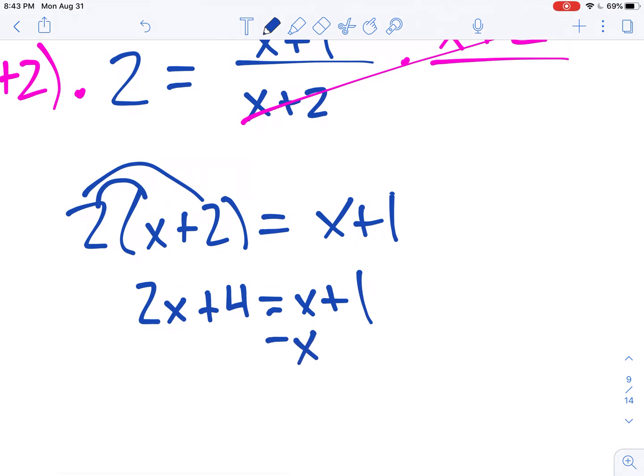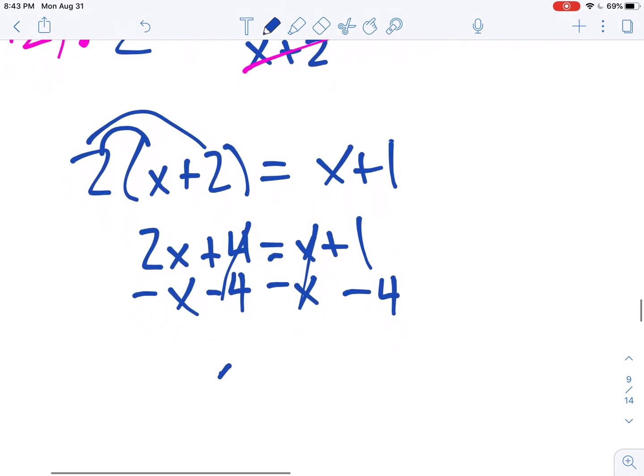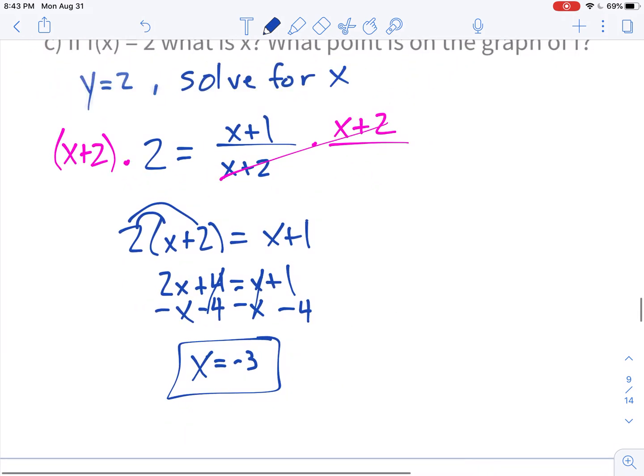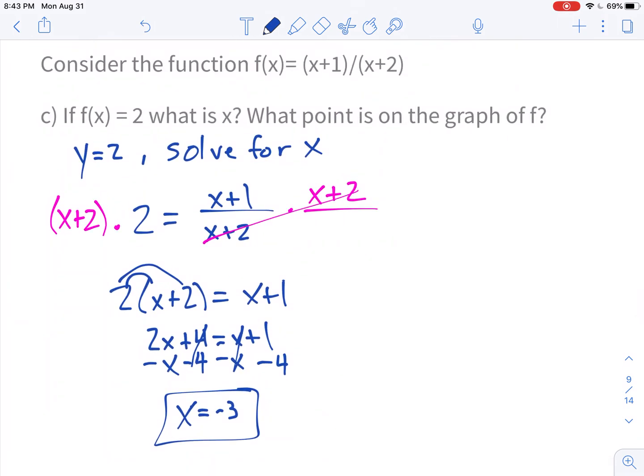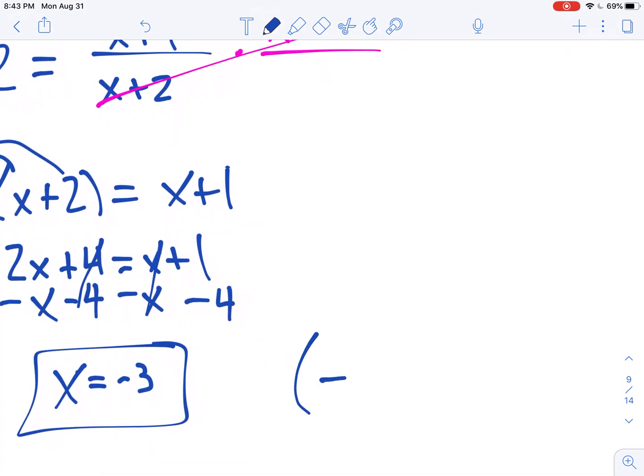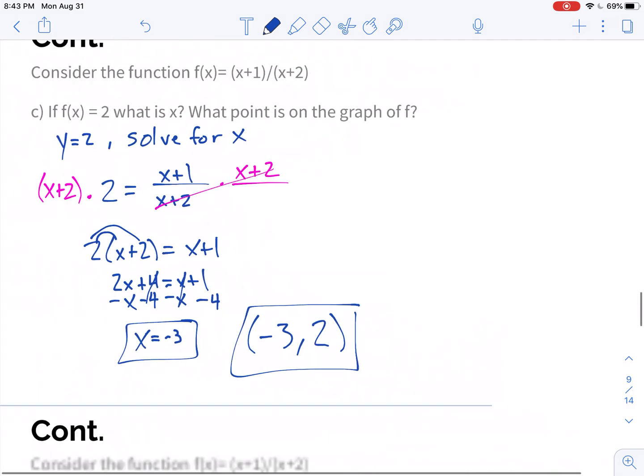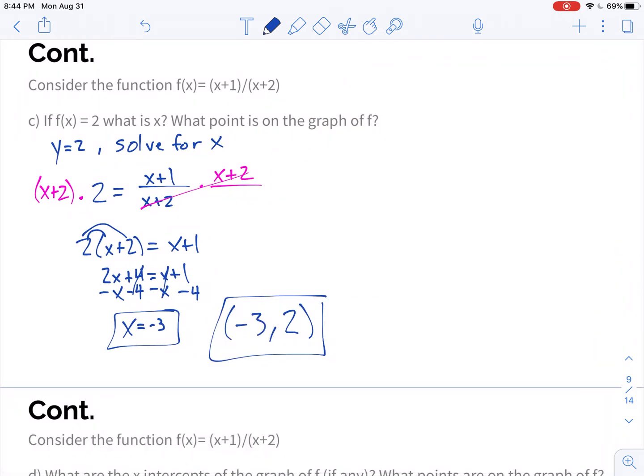I'll subtract x on both sides. I'll subtract 4 on both sides. These x's cross out, those 4's cross out, and I'm left with x is equal to -3. So that's what my x value is. So when I know that f of x is equal to 2, or y is equal to 2, I've got an x of -3, and I've got a point (-3, 2) on my graph. And that's all we need to do there.